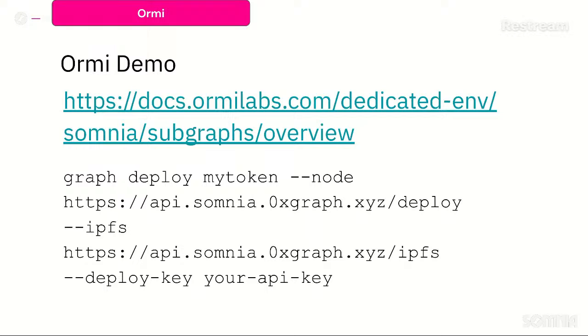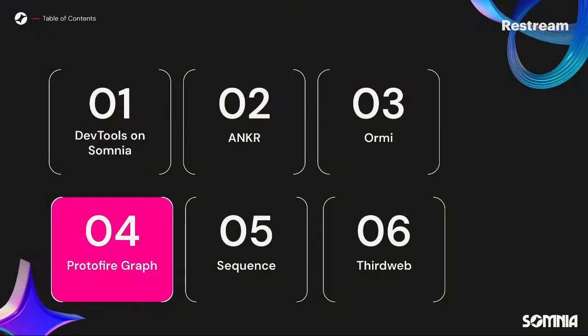You can find a resource right now in the OMI Labs doc where you can learn how to start deploying subgraph solutions on top of Somnia using the OMI tool. Again, this service is already available for developers.